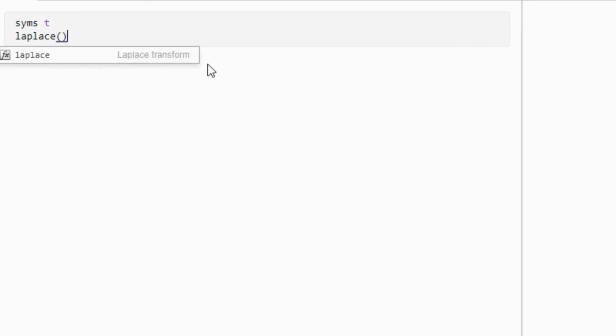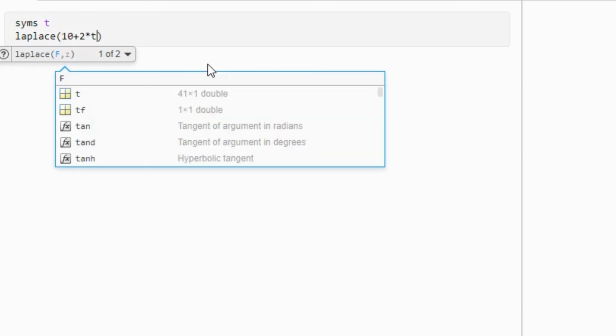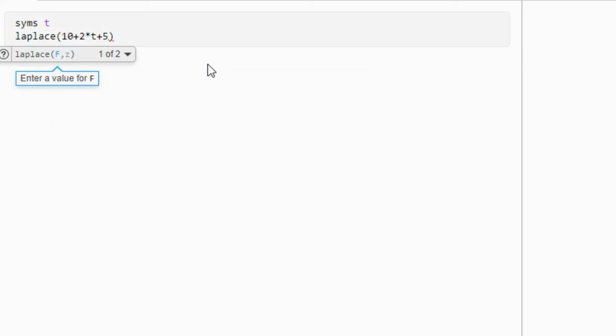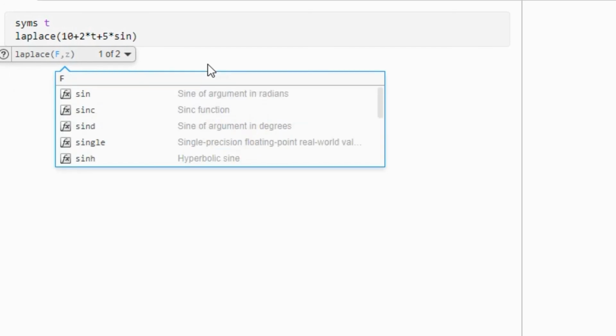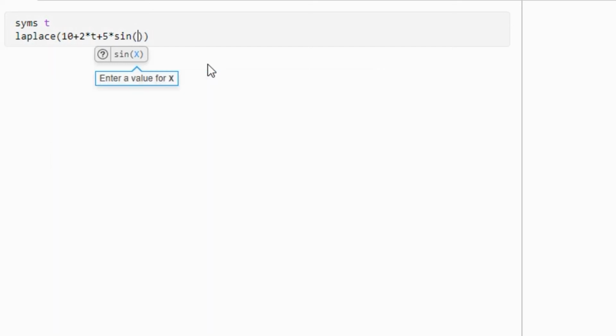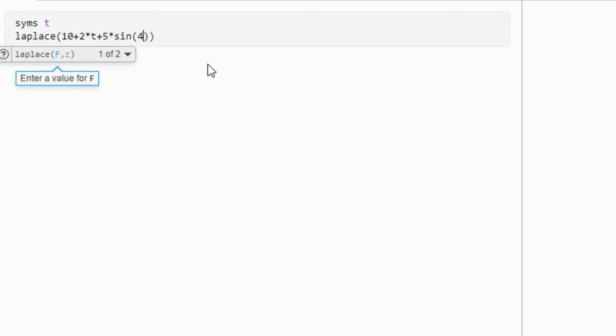You can copy and paste in MATLAB, or you can type just like syms t and laplace. You will type over here the same code, 10 plus 2 multiplied by t plus 5 multiplied by sine 4t.